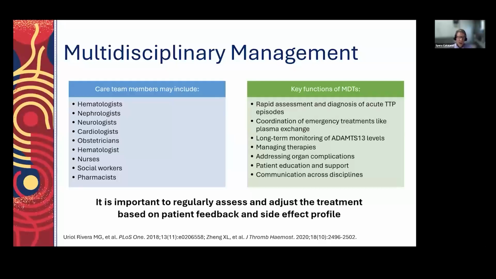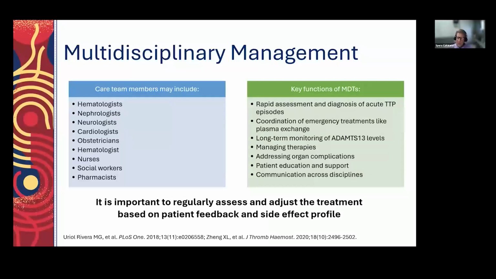When patients are pregnant, obviously, it's typically going to be a higher risk obstetrician that's involved, working very closely with the hematology team to get the patient safely through pregnancy, as well as nurses, social workers, and pharmacists. So truly a multidisciplinary team.